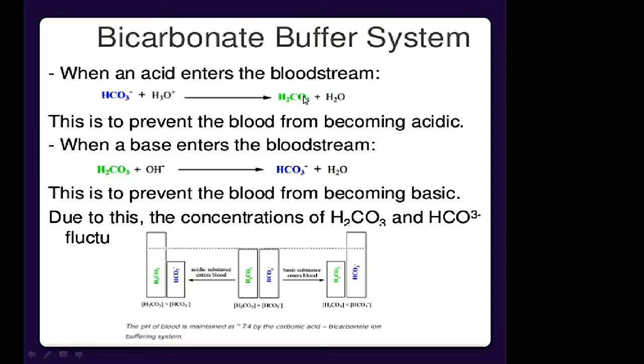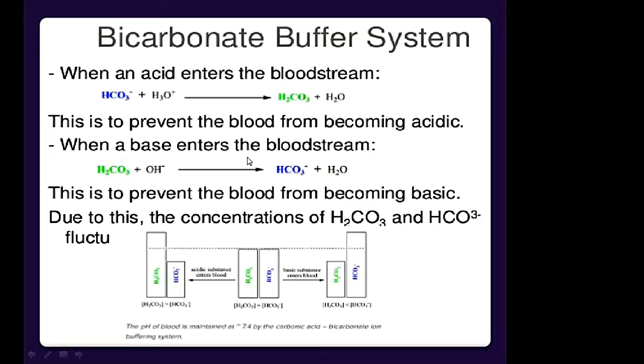This will decrease the blood pH to the acidic side. So this is to prevent the blood from becoming acidic. Otherwise, blood pH will come down. To avoid that, this bicarbonate takes that proton from this H3O plus, and carbonic acid and water are formed.